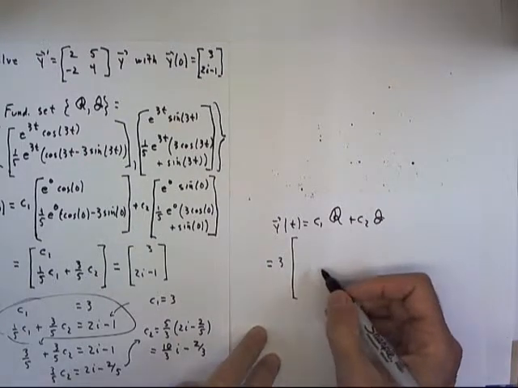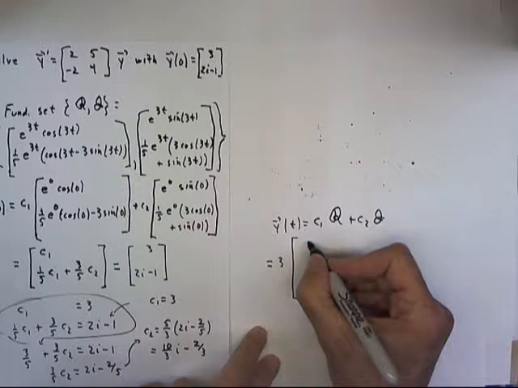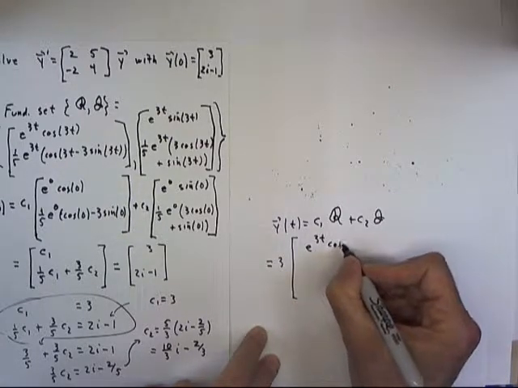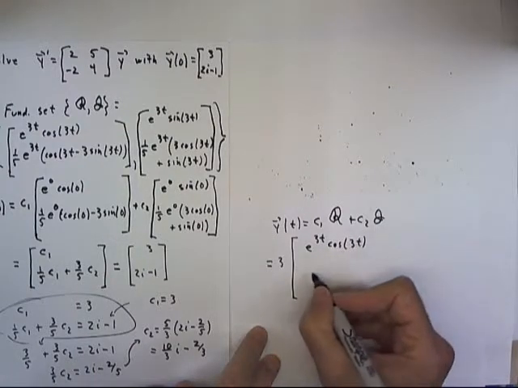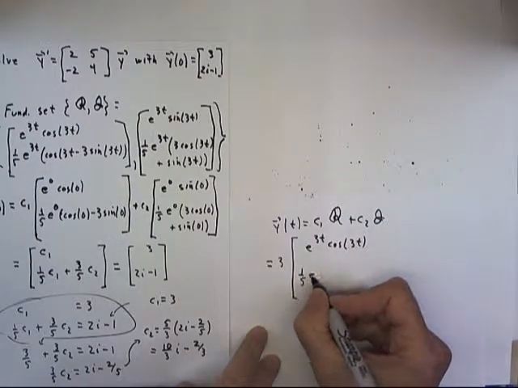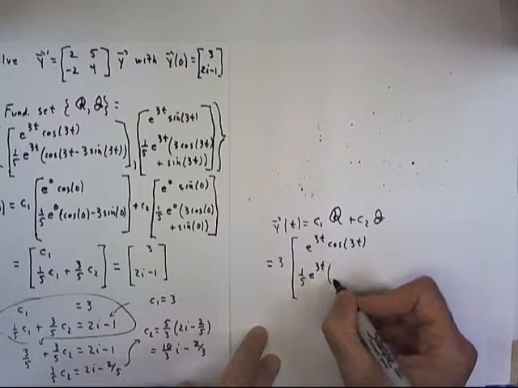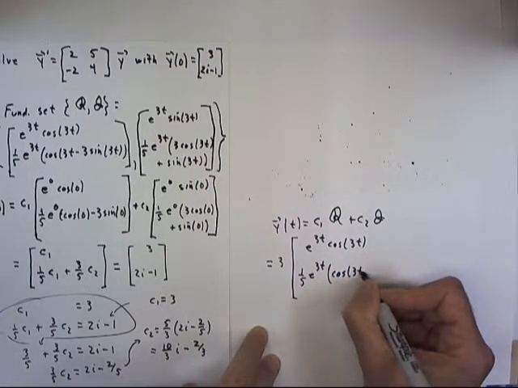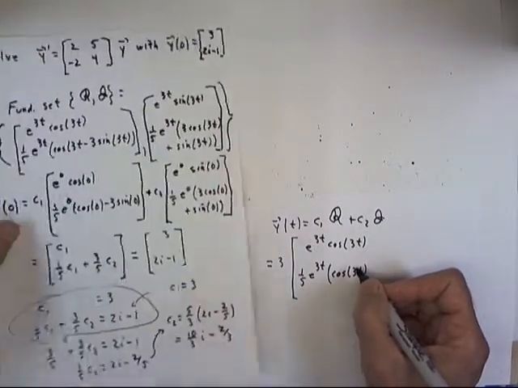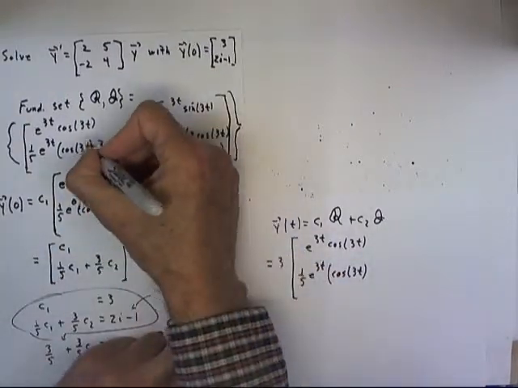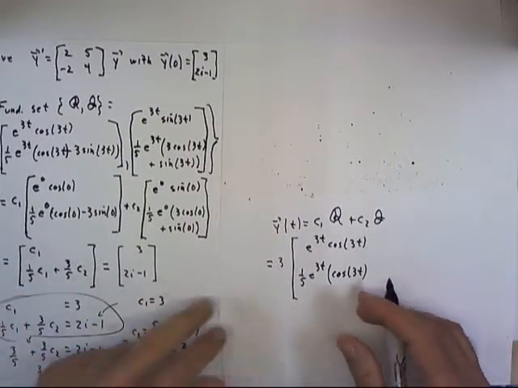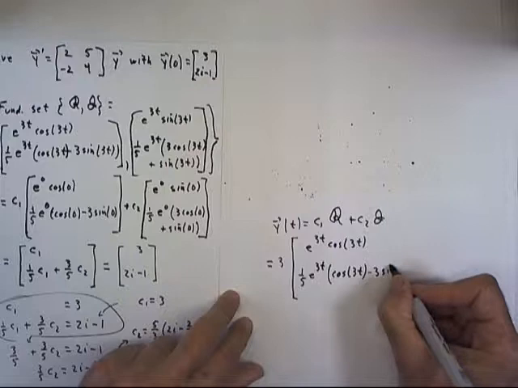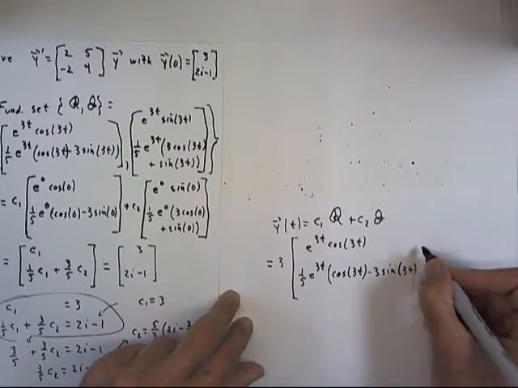Our r vector, and eventually we'll get a little tired of writing this thing out, is e to the 3t cosine of 3t and 1/5 e to the 3t times cosine of 3t minus 3 sine of 3t. I notice that I forgot to close that set of parentheses.